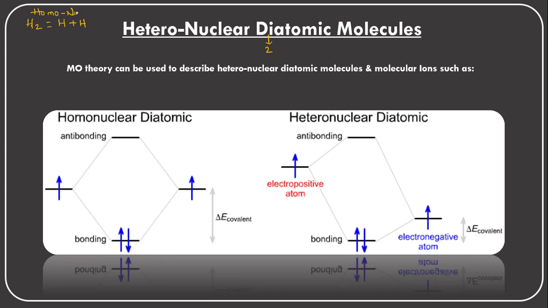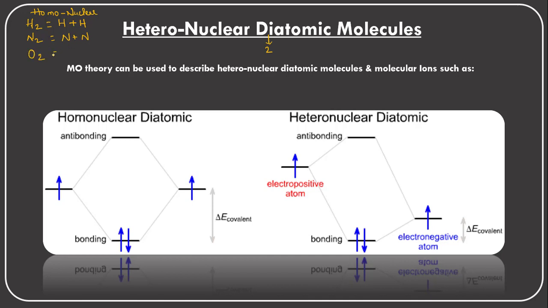Another example is the N2 molecule, formed by the two nitrogen atoms, which again belong to one element only.